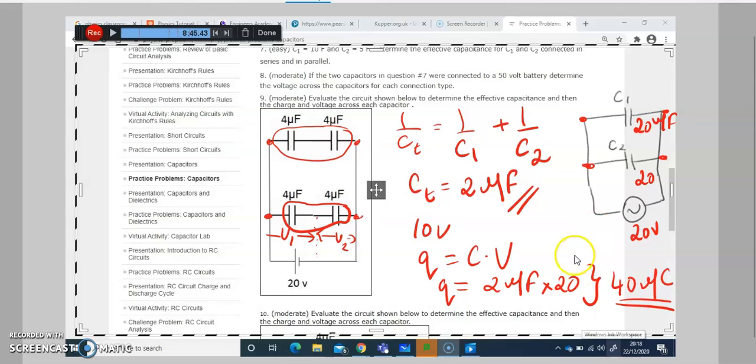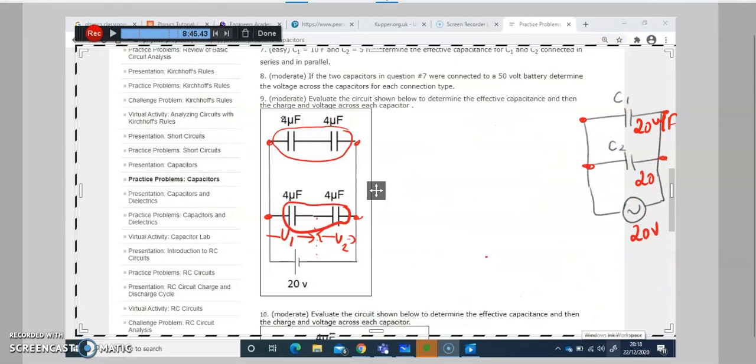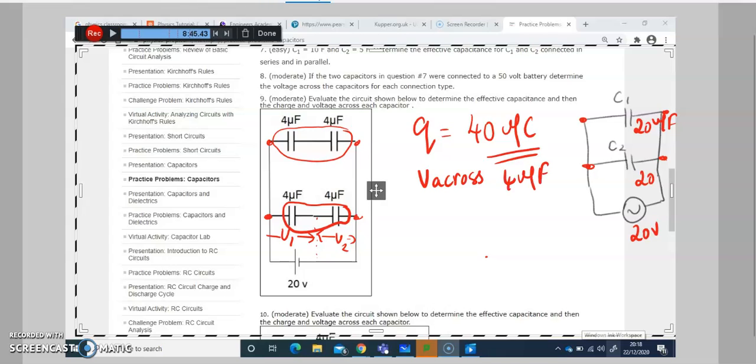Now once you have your charge, Q is equal to 40 microcoulombs. Now, how do you prove this if these were of different values? Find the voltage across the 4 microfarads for this first branch.